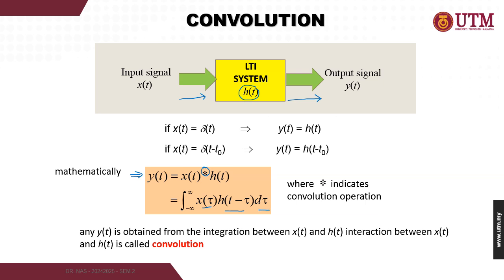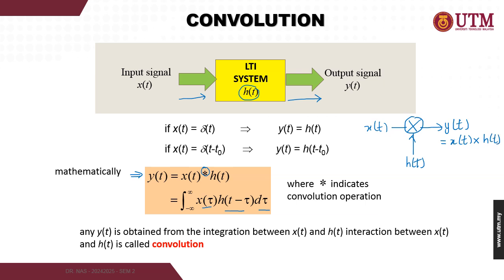Please make sure that when you have an input to an LTI system, the two signals are convolved, not multiplied. If you have x(t) being multiplied with another signal, for example h(t), then the output y(t) is equal to x(t) multiplied with h(t).